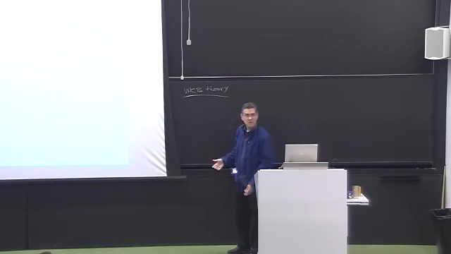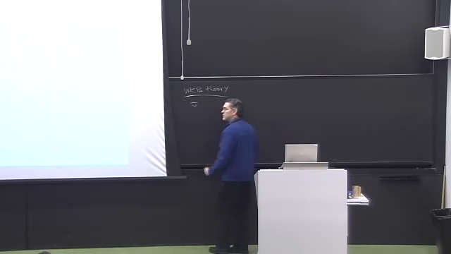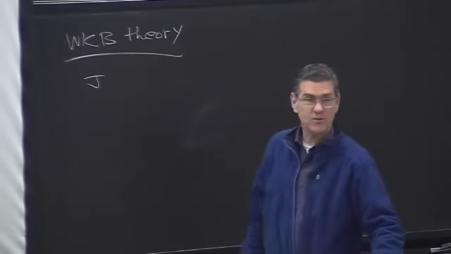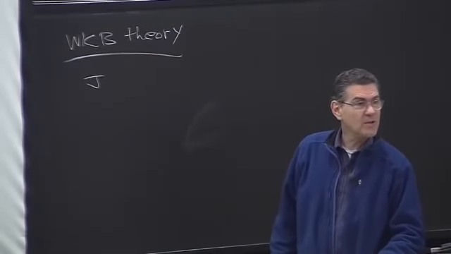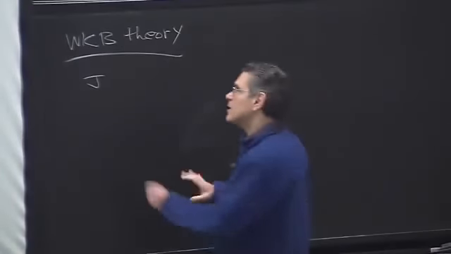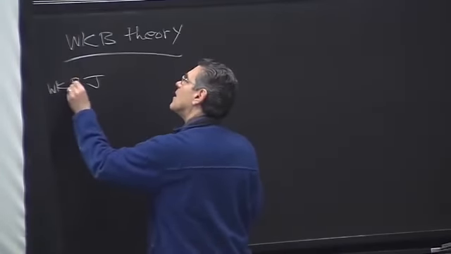So it's tradition. There it is. It's not appropriate because there's one guy named Jeffreys, Lord Jeffreys, who understood WKB far better and understood it before these guys understood it. And so if you read some books on WKB, they call it WKBJ theory.